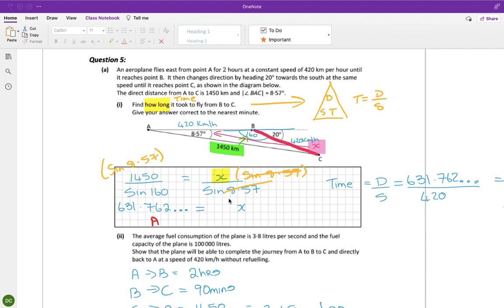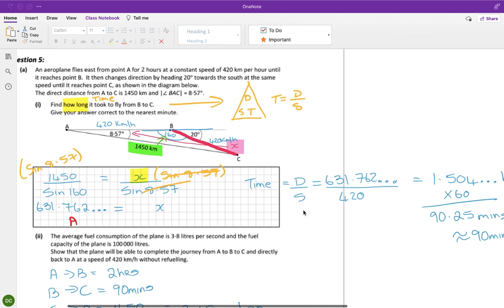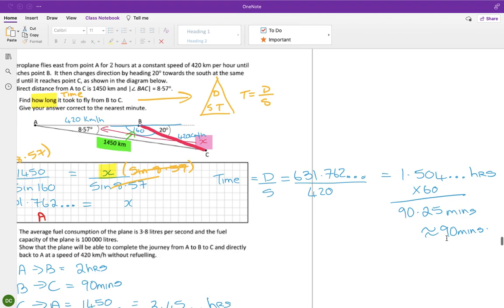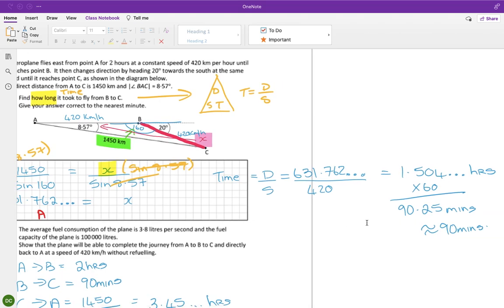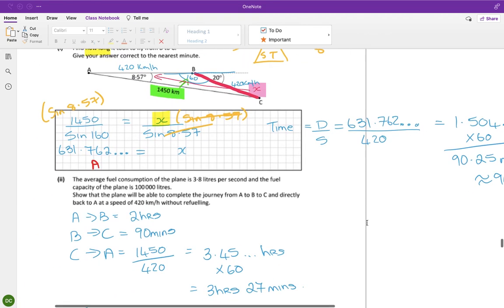Let me just double check the airplane one. Not that one. The airplane, question 5. So 1.5 hours was the first one. Yeah, 1 hour and 30 minutes. It said correct to the nearest minute, so 1 hour, 30 minutes or 90 minutes is correct.